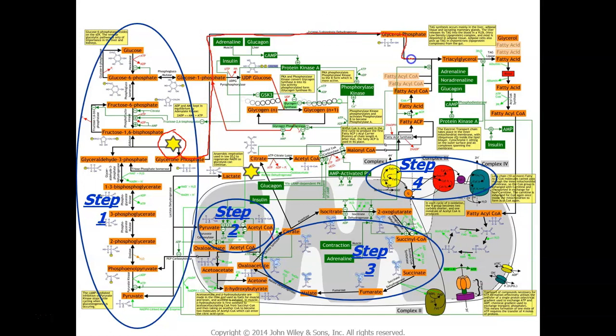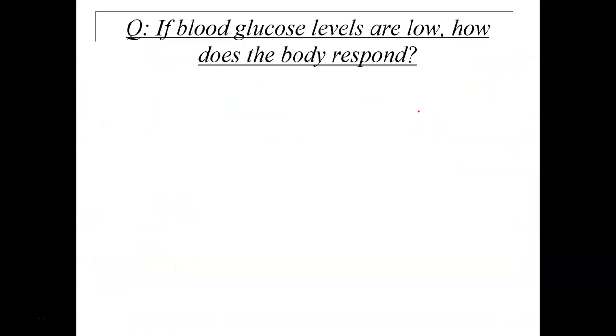That's where it eventually gets converted into fatty acids. Same thing here with citrate getting kicked out. Eventually that citrate, acetyl-CoA, eventually gets converted into fatty acid. We covered that 5 minutes ago, so I'm going to move on.